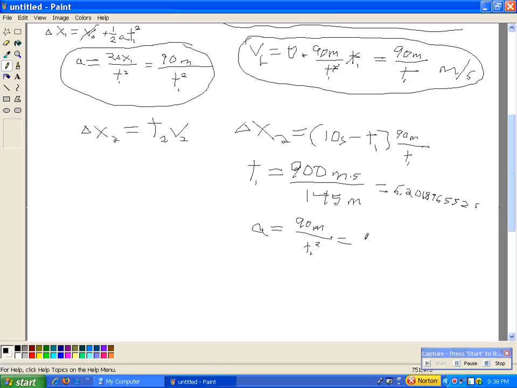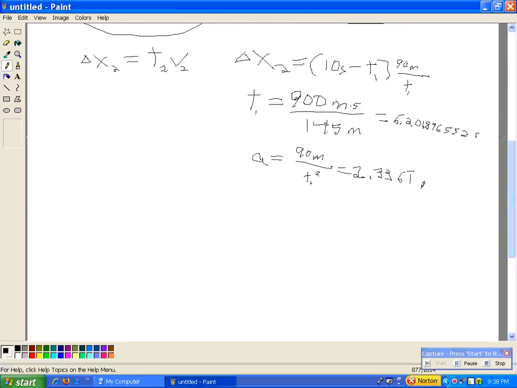So that gives us 2.3376 and so on, ad infinitum meters per second squared.